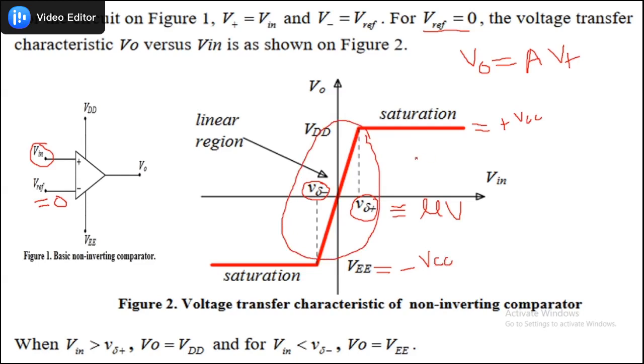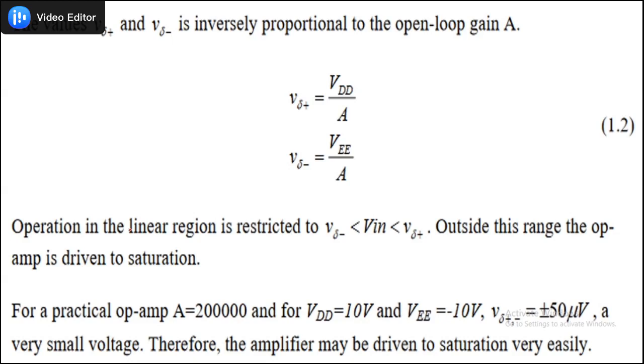Now, as we know from the basic characteristics of an ideal op-amp, A is very high, of the order of 10 to the power 6. Practically, A is equal to 2 multiplied by 10 to the power 5. In our lab we operated with IC 741, which had plus minus VCC equal to, I guess, plus 12 and minus 12 volts.